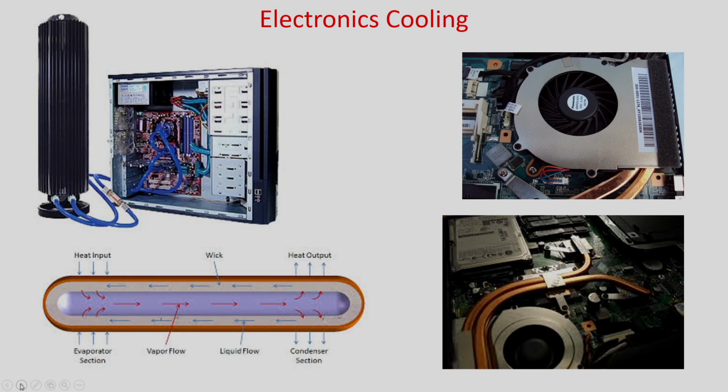If you notice that in a desktop, the board is placed vertically, and different electronics components are cooled in natural way by natural convection, but the chip which is your Intel chip, this generates very high temperature. It generates heat, and the temperature will be very high on the surface of the chip. So, it has to be cooled.